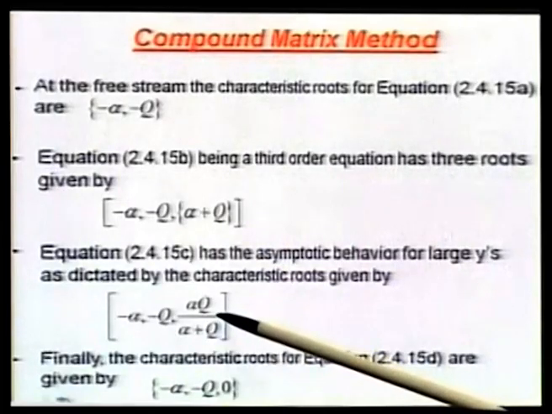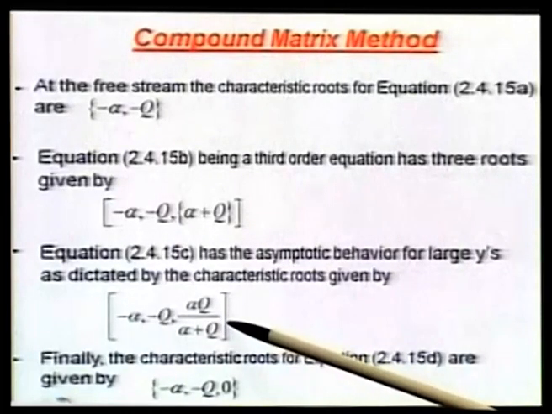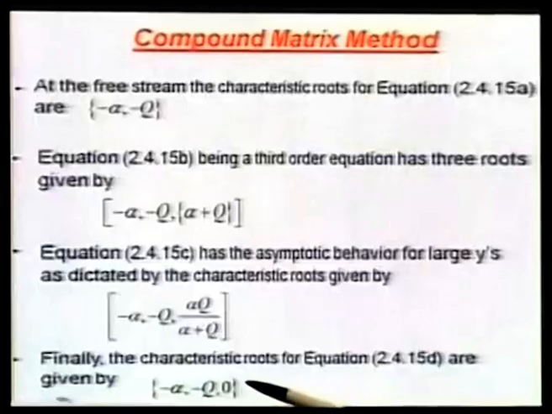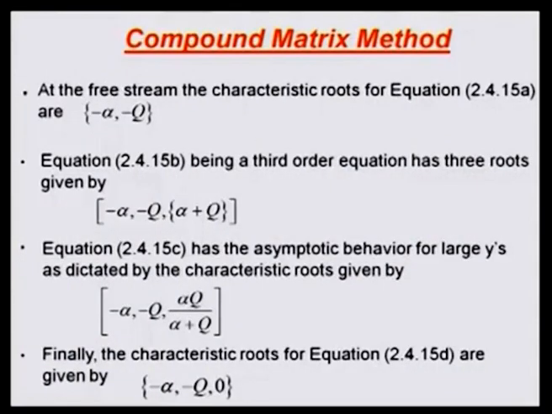This one we talked about just now, C, and the D is alpha minus q and 0. That is a third order equation. Good for us that one of the modes actually corresponds to exponent equal to 0. That means it will not vary with y, it would be a sort of constant.